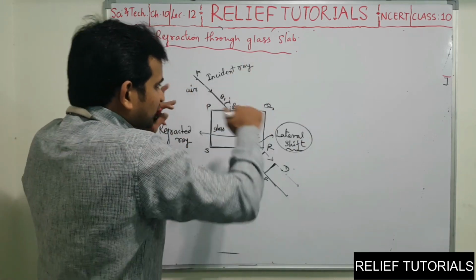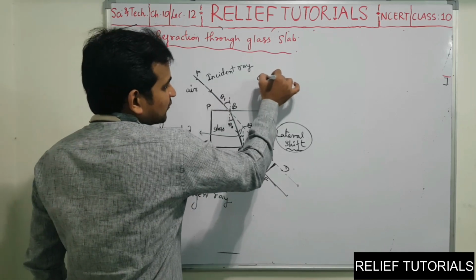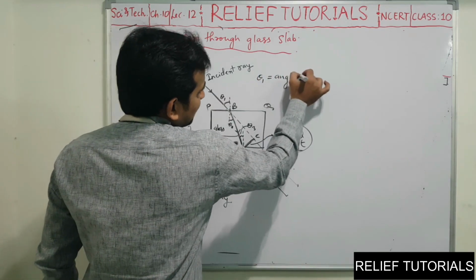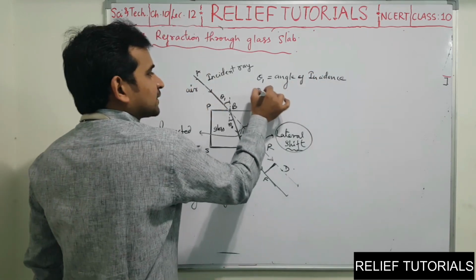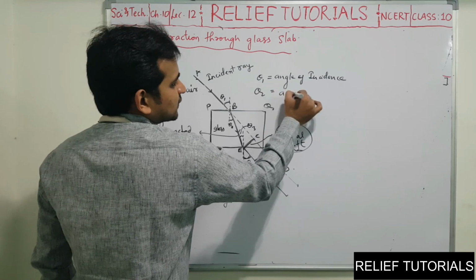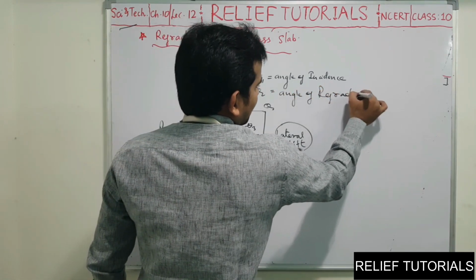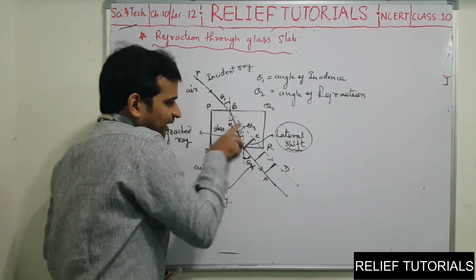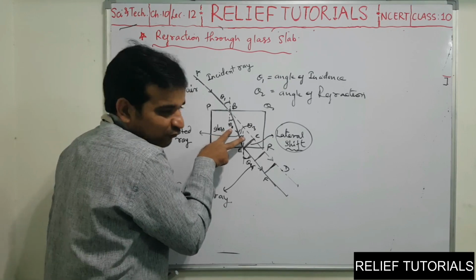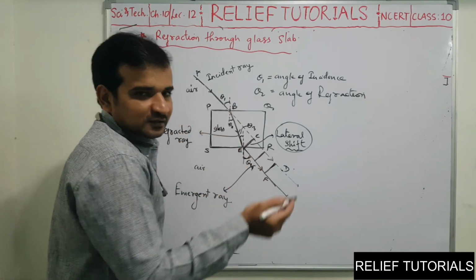But as a whole, if you consider this a single case, theta 1 is called the angle of incidence, theta 2 is the angle of refraction. Theta 3 and theta 2 both have the same value because they are alternate angles formed by the two parallel rays, so theta 3 is not considered here.